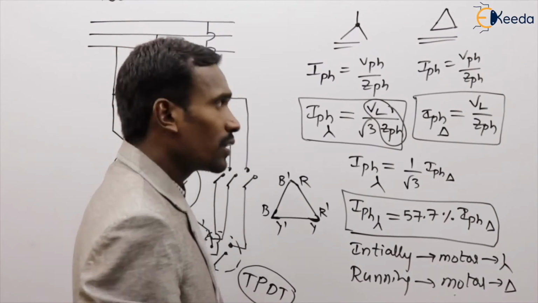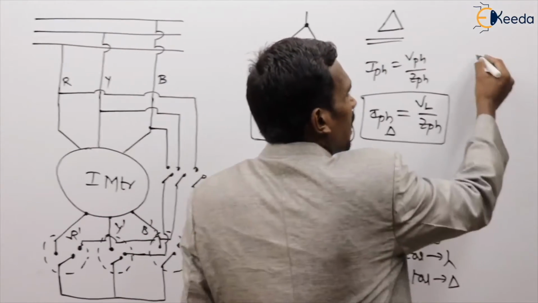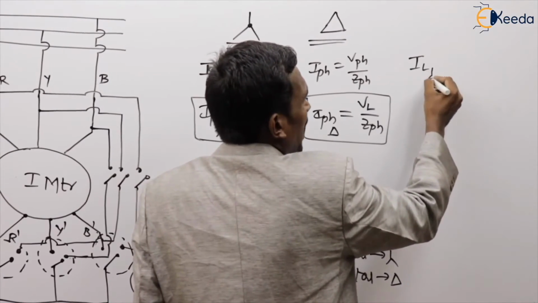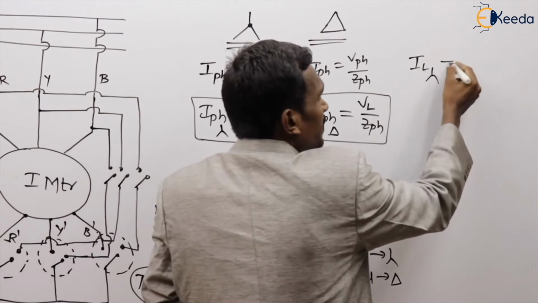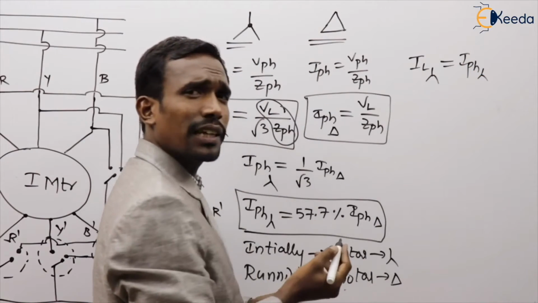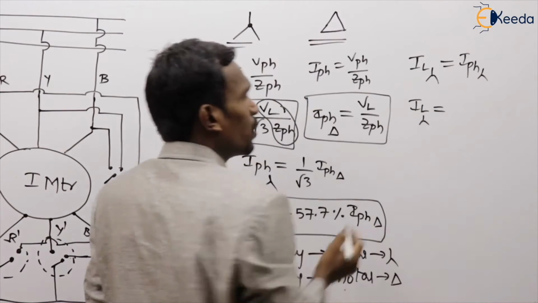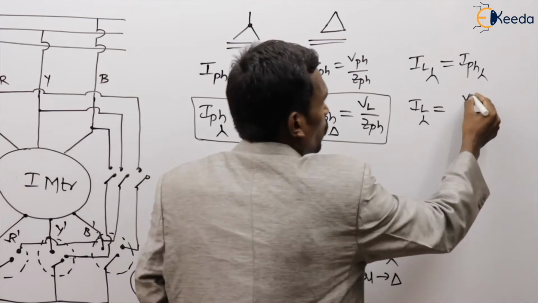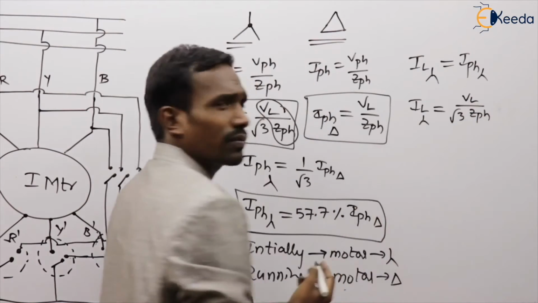Right, sir. Now see here, line currents. What is the line current in star? In star, the line current is equal to the phase current. So line current in star is equal to VL by root 3 into Z phase.